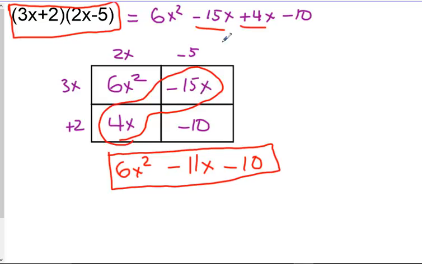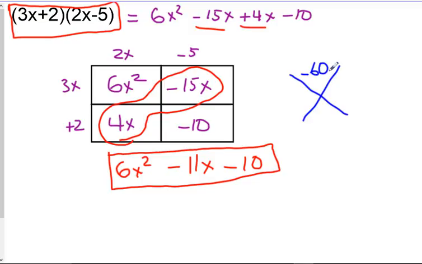And I also want us to notice one other thing, and that is that these two terms, 4 times negative 15, are actually the same as these two terms multiplied together, 6x squared times negative 10. If I multiply these two terms, I get negative 60, and if I multiply these two terms, I get negative 60 as well. Looking at my trinomial here, 6x squared minus 11x minus 10, if I multiply these two terms together, I get negative 60x squared.